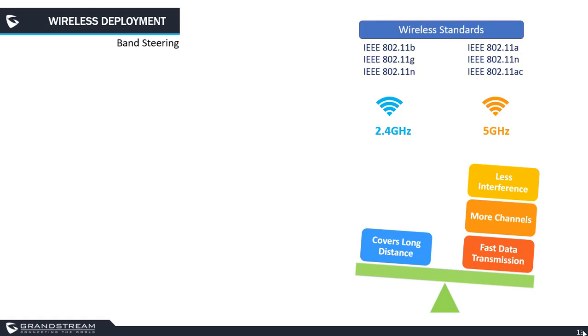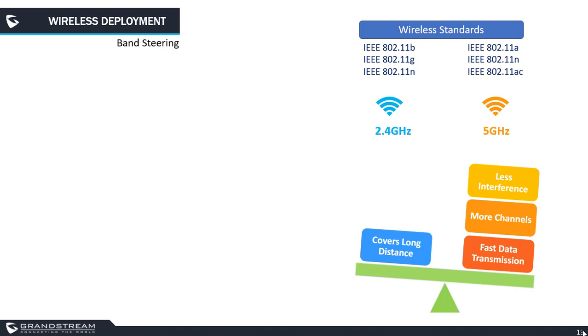It is also important to note that it is very likely to have wireless devices in your network that still use the legacy standards like 802.11b and 802.11g, which work only with the 2.4 gigahertz frequency. And by the way, I believe 802.11b is disabled by default on the GWN access points.